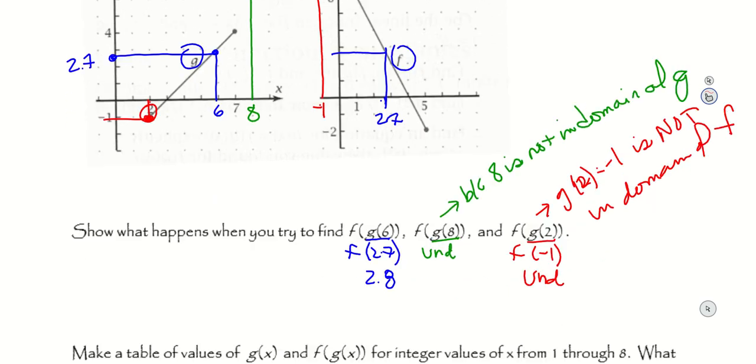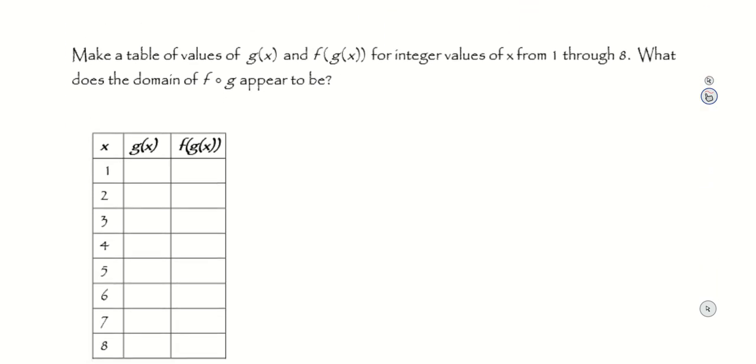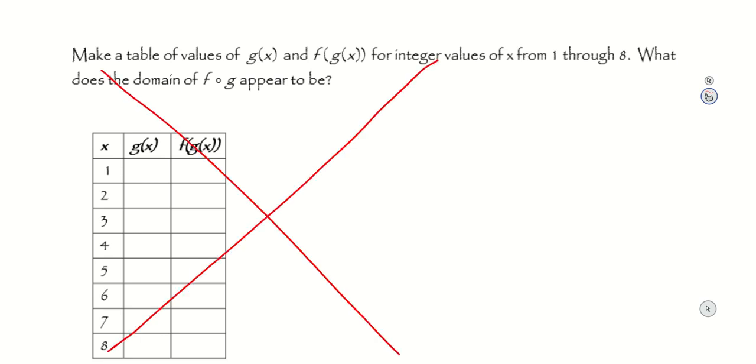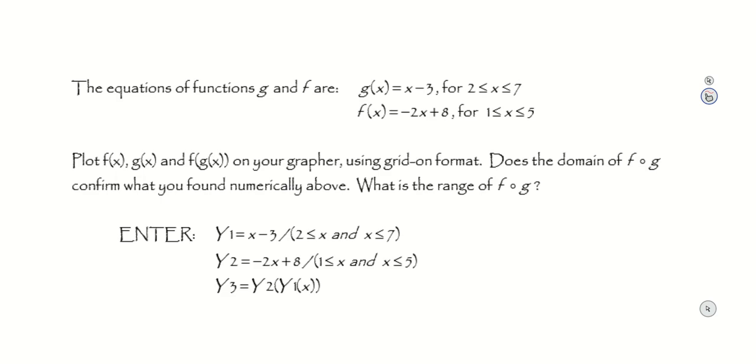All right, now the rest of this is using a table of values to determine domain, and we're actually not going to cover this in these notes, so I hope that is a good thing for you instead of a disappointment. But I do want to look just at this very next topic. Our equations for G and F were these two linear functions, but each defined on a limited domain.